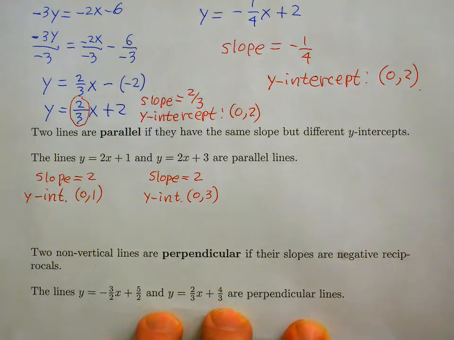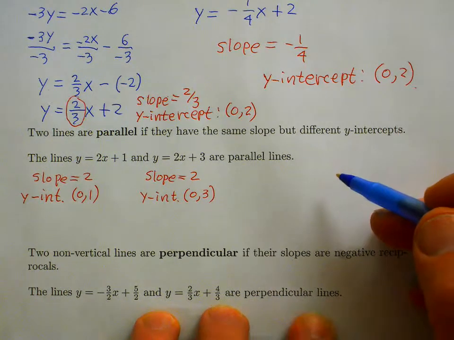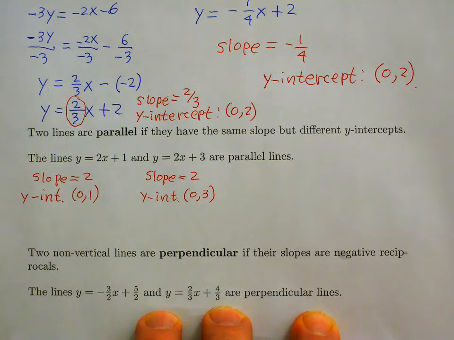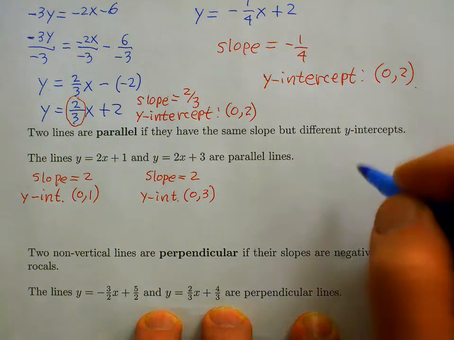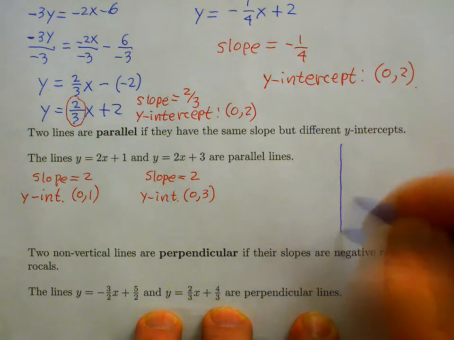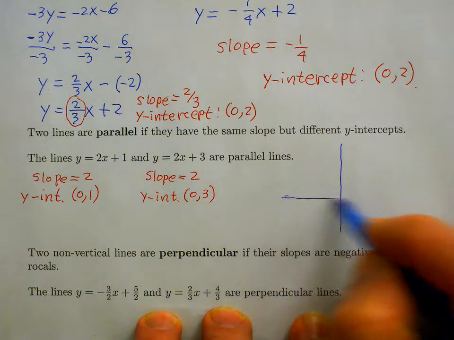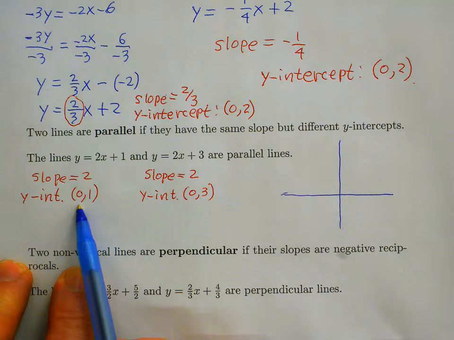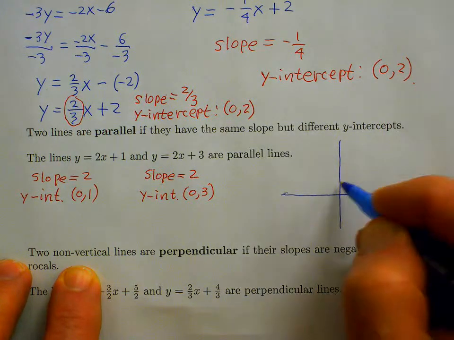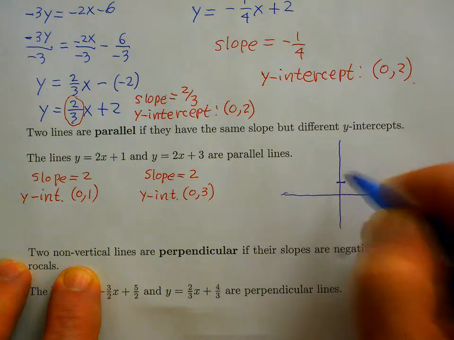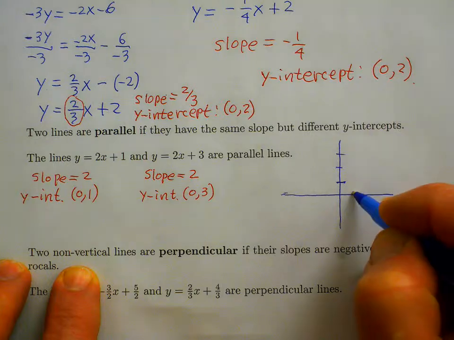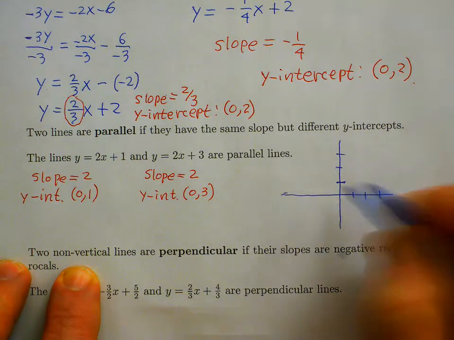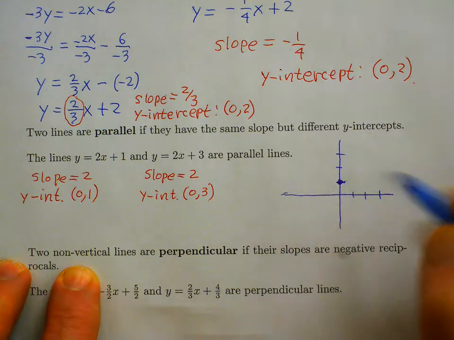Okay, so why don't we sketch a little graph here of those two lines. This line, the one that has the y-intercept of 0, 1, so 0, 1 is a point on the line.